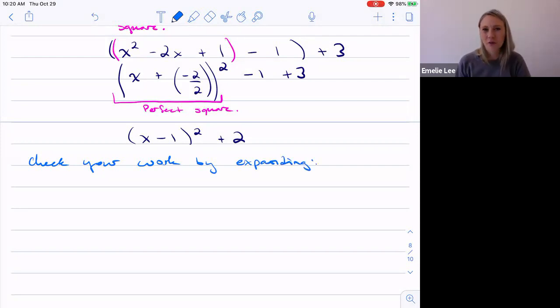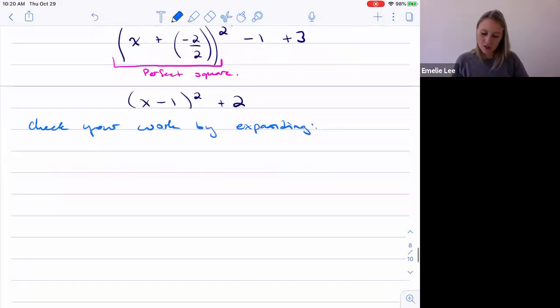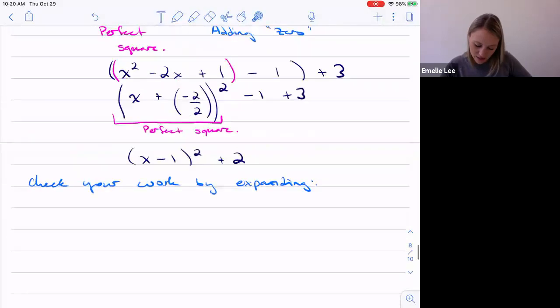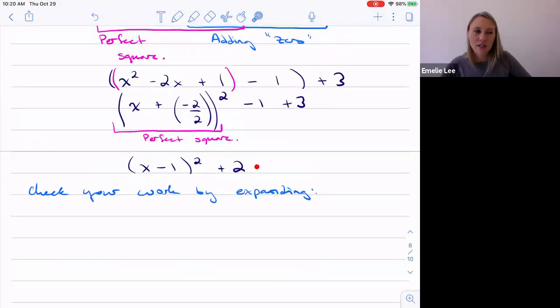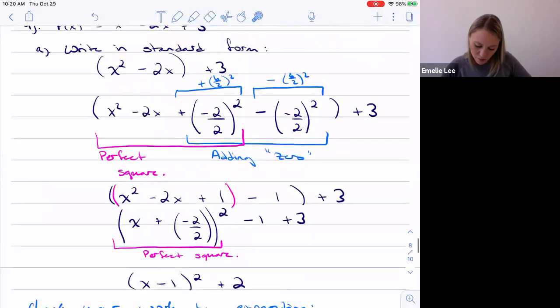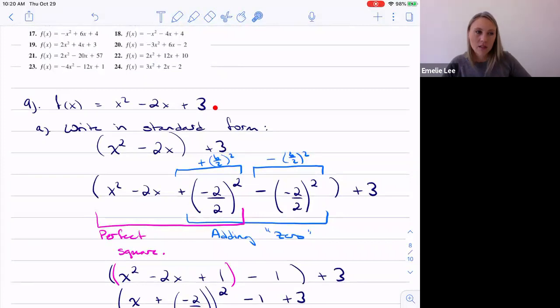Expanding, at least for me, is way easier. I'm just expanding this thing out and making sure that what I landed on here, this is our first time completing the square, should be equal to x squared minus 2x plus 3.